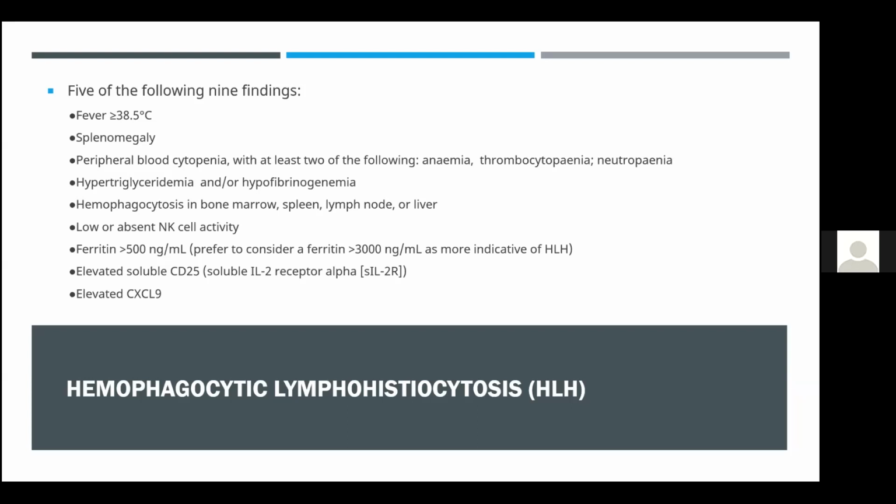If you do a bone marrow, you can see evidence of hemophagocytosis. There's also hemophagocytosis in the spleen and lymph nodes or liver. And if you have access to fancier immune testing, you note there's a low or absent NK cell activity, elevated soluble CD25, and elevated CXCL9.